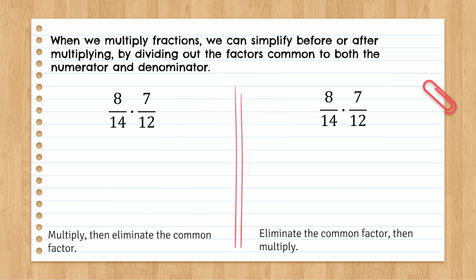So when we multiply fractions, we can simplify before or after multiplying by dividing out the common factor in both the numerator and the denominator. For our first example, we have 8 over 14 times 7 over 12. So what are we going to do? We are going to multiply first and then eliminate the common factor.